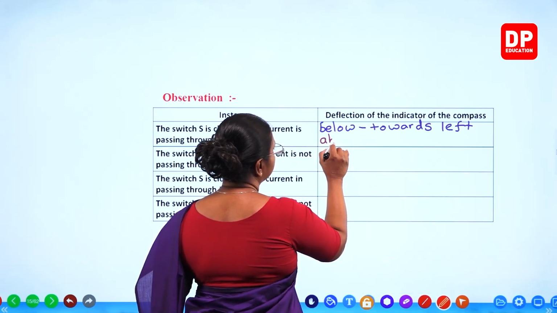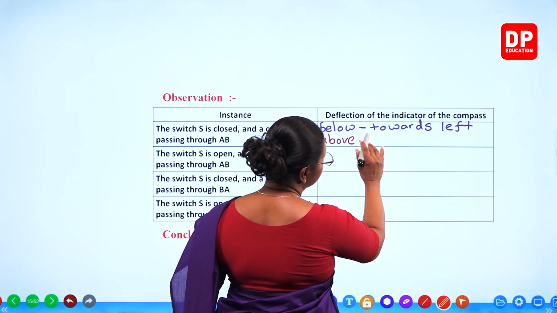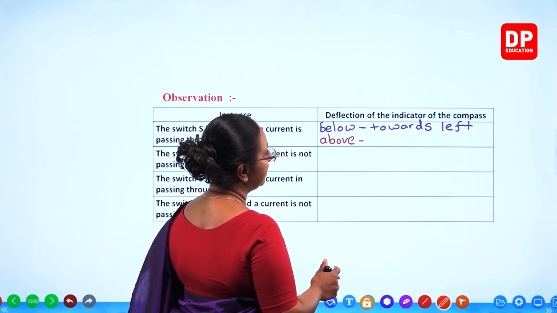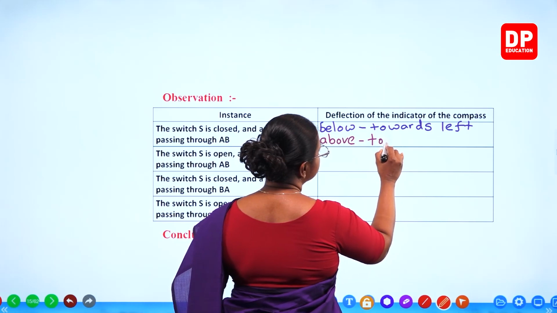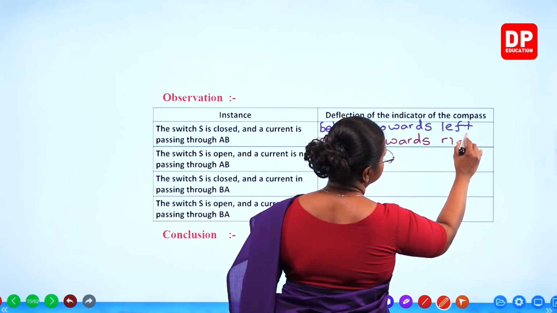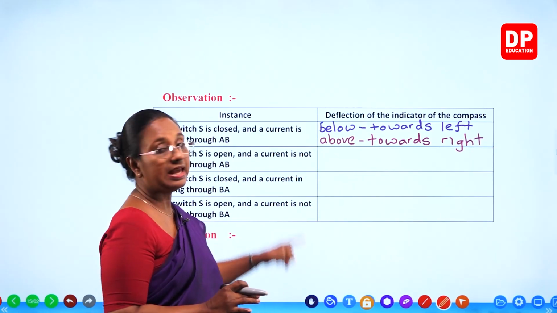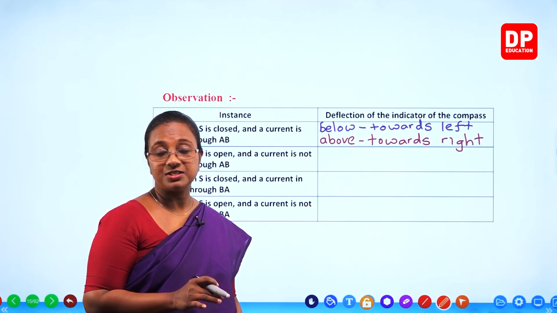Then we had it above. Compass below and above. So there what happens? Again there was deflection in the indicator, but towards right. So here this again depends on how we label the A and B direction, students.